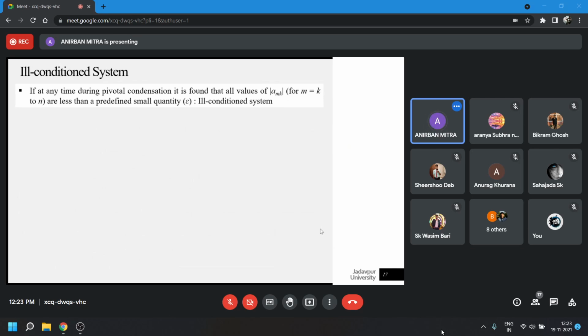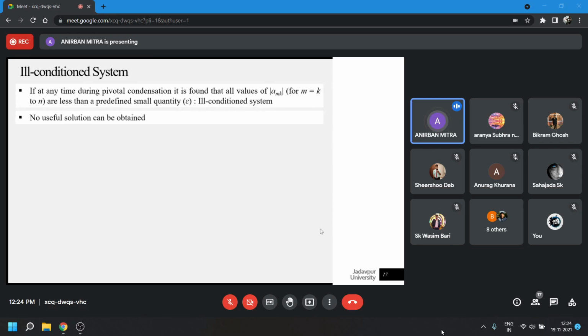That means all the coefficients in that column are indeed very small. And if that happens, then that constitutes an ill-conditioned system. And if it is an ill-conditioned system, then no useful solution can be obtained. That is a problem. So that is a limitation.